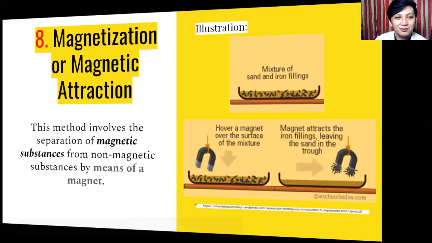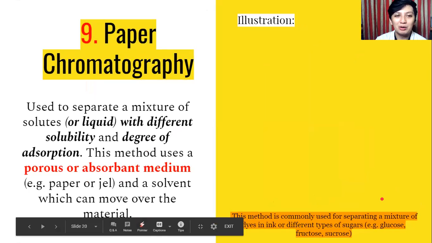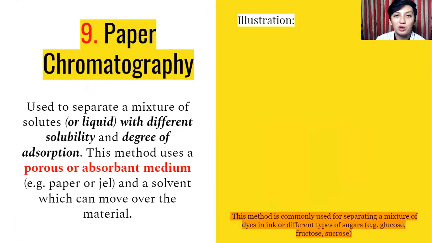And number 9, paper chromatography. Paper chromatography is used to separate a mixture of solutes or liquids with different solubility and degree of adsorption. Adsorption is different from absorption, okay? This method uses a porous or absorbent medium, for example filter paper or paper, and also gel, and a solvent which can move over the material.